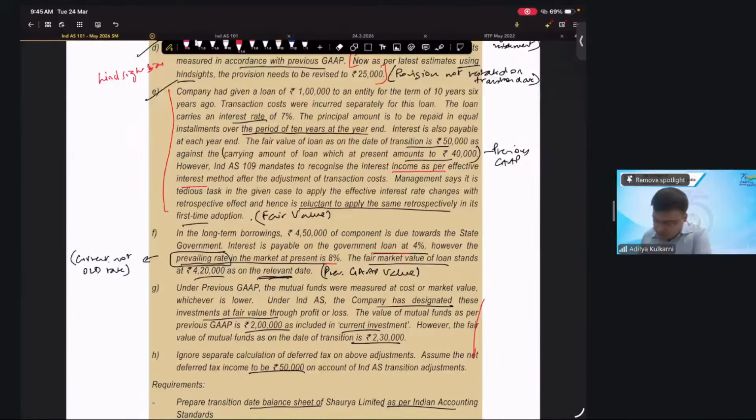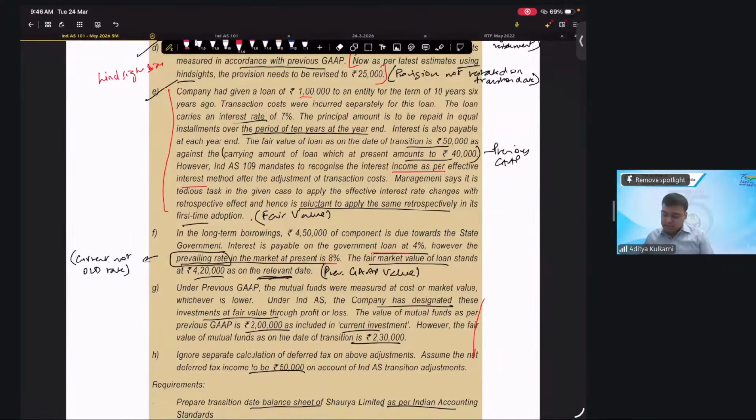Company had given a loan of 1 lakh. Transaction cost separately incurred. Loan carries interest rate of 7%. Fair value of the loan is 50,000 as against the carrying amount of the loan, which at present amounts to rupees 40,000. However, Ind AS 109 mandates to recognize the interest income as per effective interest method after the adjustment of transaction cost.